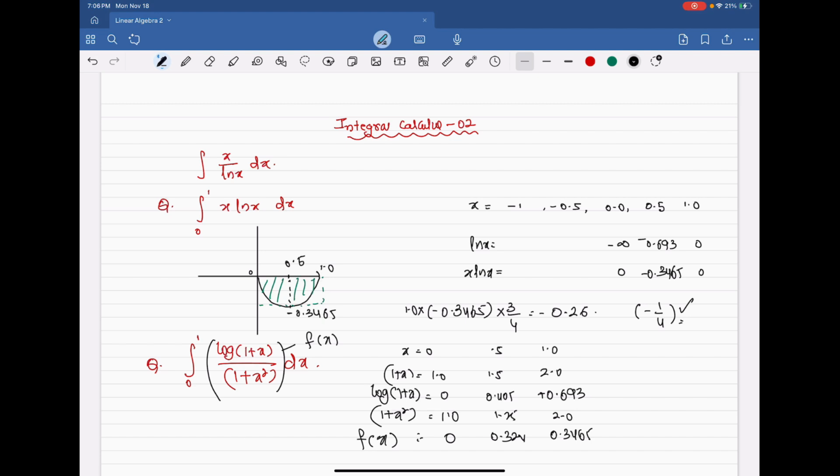Now I have got the function values. Then let me draw 0 to 1. At 0, at 0.5 and at 1. I want 0 to 1. At 0, the function is 0, at 0.5 it is 0.324, and at 1 it is 0.3465.